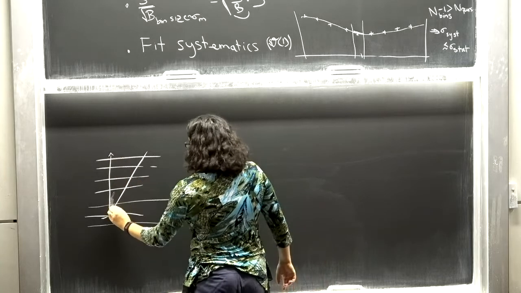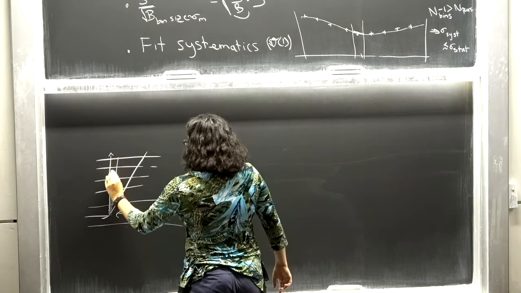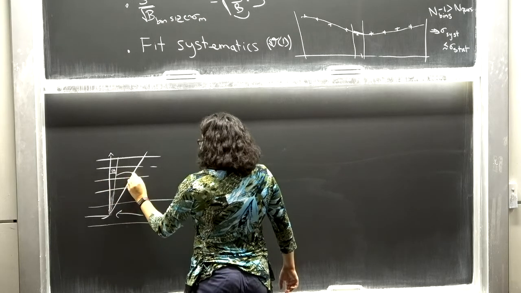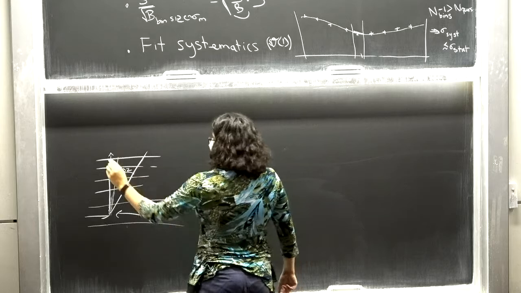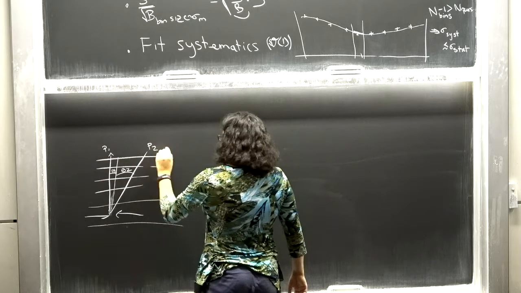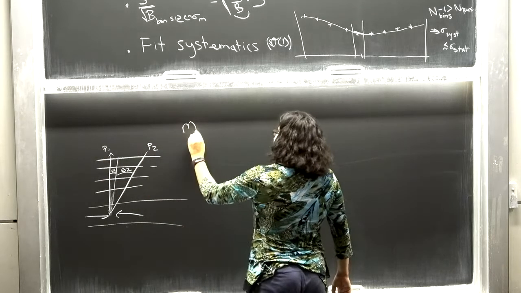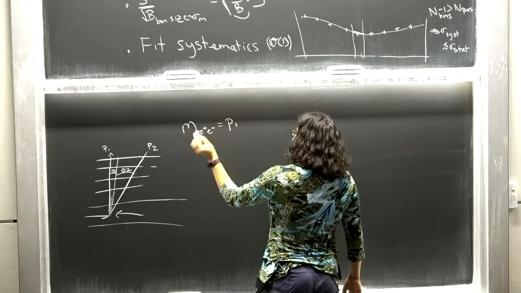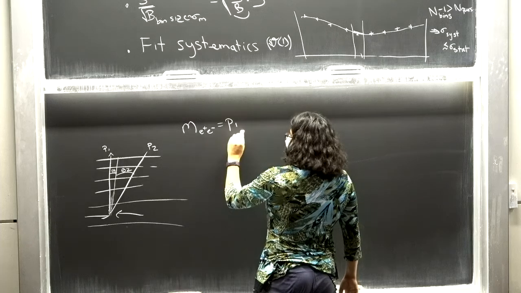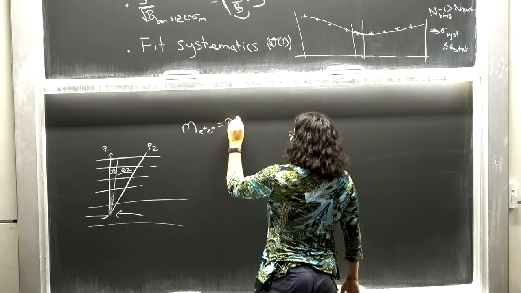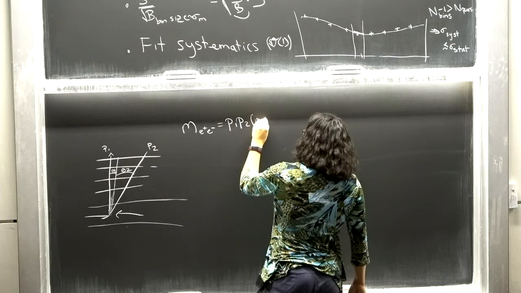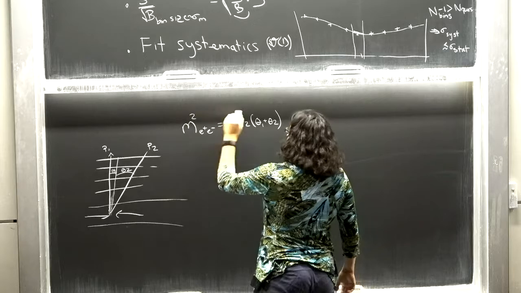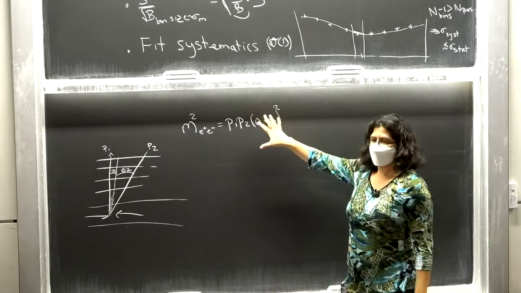If one particle, if each has an angle theta 1 from transverse, the other theta 2, momenta P1 and P2, the mass of the E plus E minus pair squared is given by something like this.